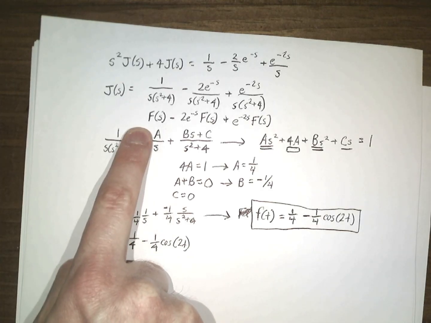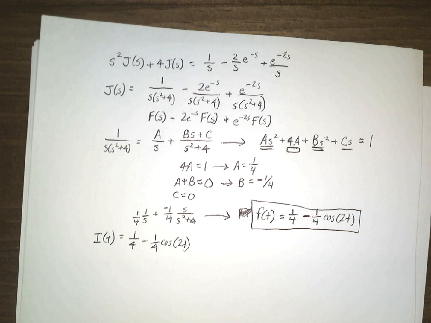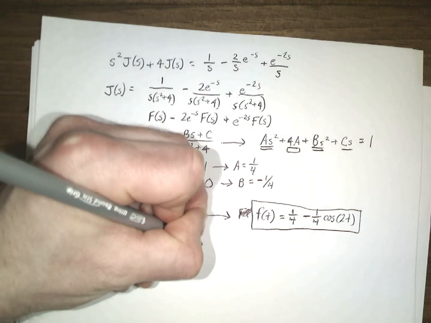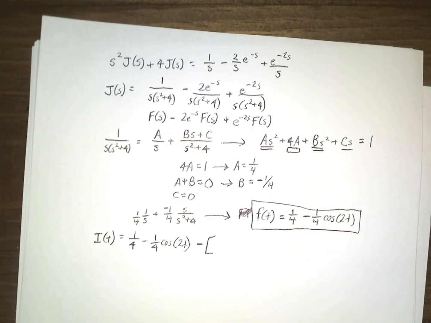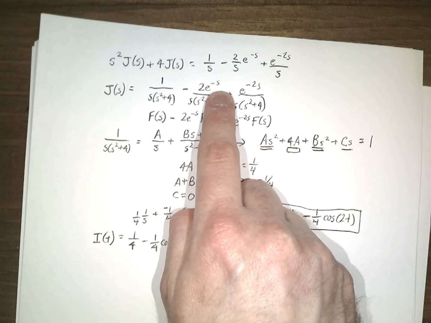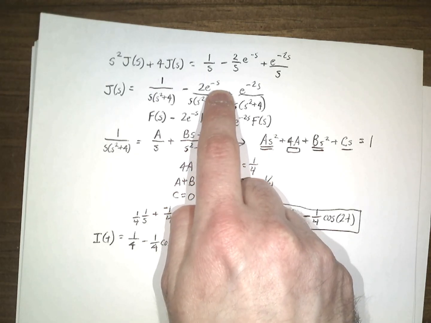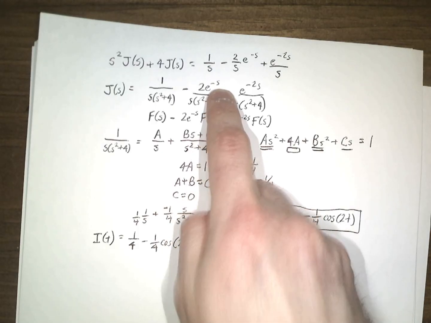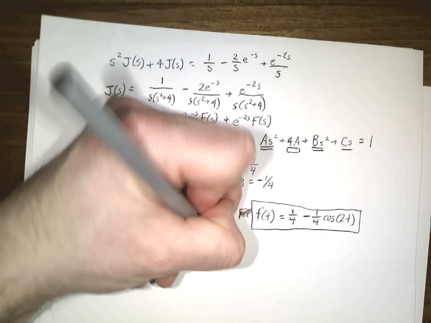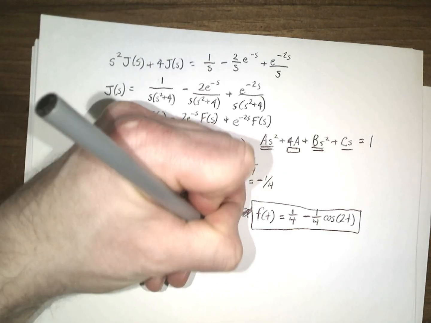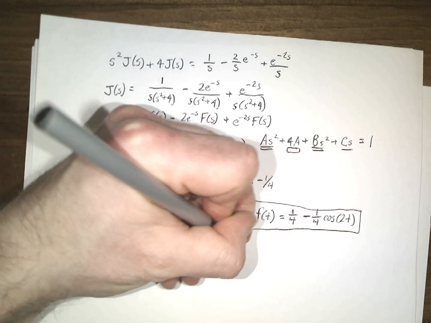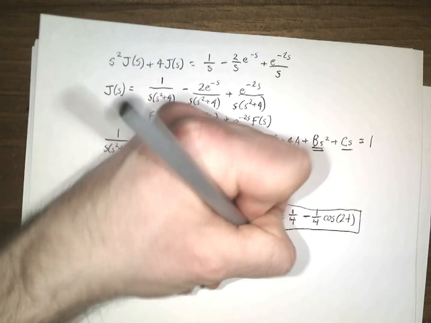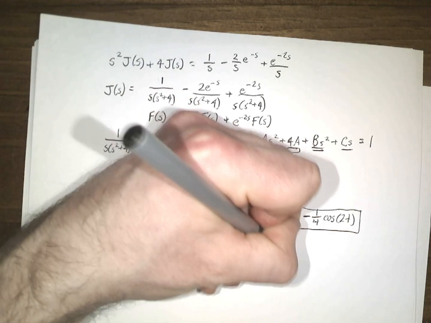We inverse Laplace transform that guy, and we get this. That's going to be minus, I'll write some parentheses here, 2. We're going to have to shift our function by 1. That's our exponential. And then that will also be the resulting step function that goes along with that. So the 2 is going to turn those 1/4 into 1/2 cosine of 2(t minus 1).